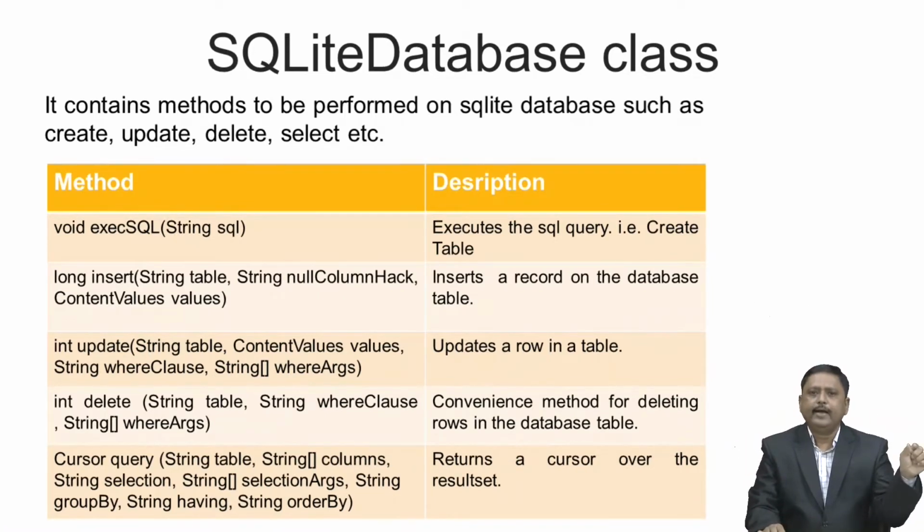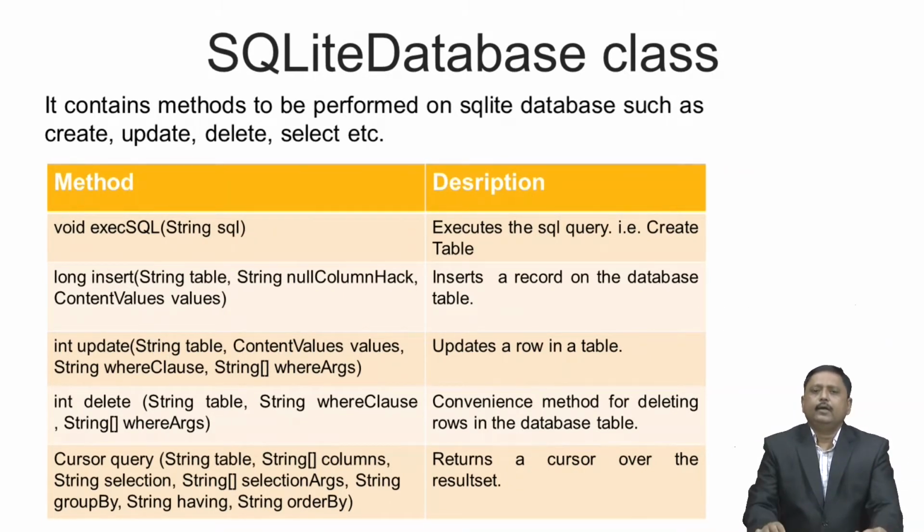For example, ID and its value, name is the field, and the name of the student is the value. So, this is how we can perform the insert operation using the SQLiteDatabase class.